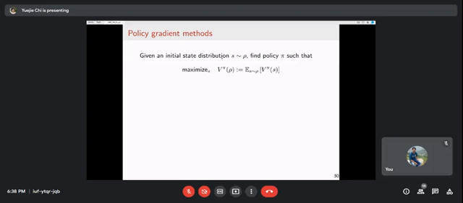To do so, we'll introduce an initial state distribution rho and average the value function over this initial state distribution. And our objective function will be parameterized by this distribution rho that you are taking. The policy we're interested in optimizing is a distribution over the action space when we fix the state.